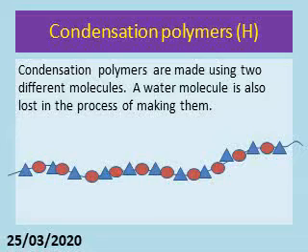So in this picture, you can see that the triangle is supposed to be one monomer and the circle is supposed to be another monomer, and they're joined together to make a big long chain. It's just that they're alternating between which one is next. When a condensation polymer is made, you also get a water molecule being made as well. You're going to do this in way more detail when you get to C6, which will be in year 11.